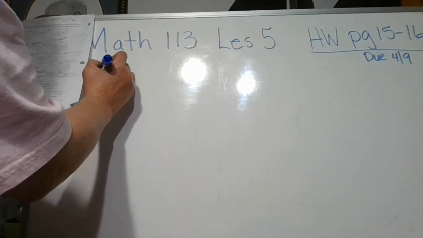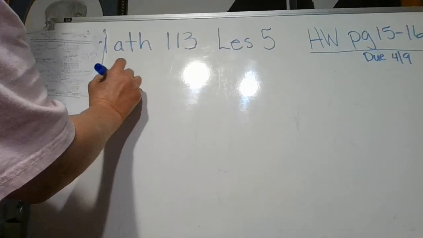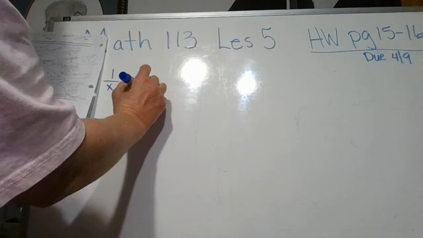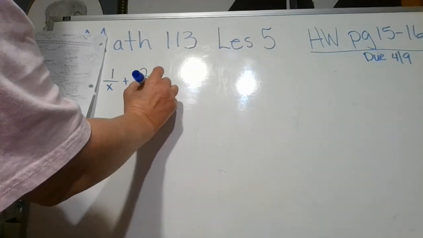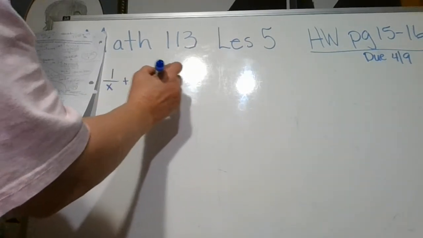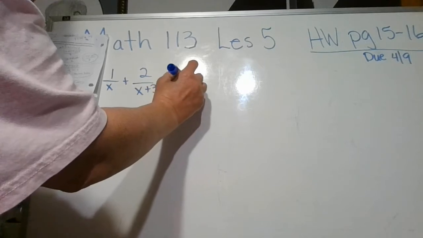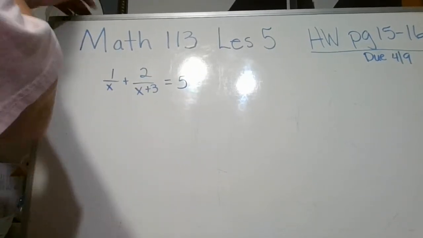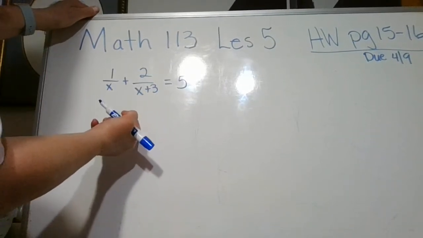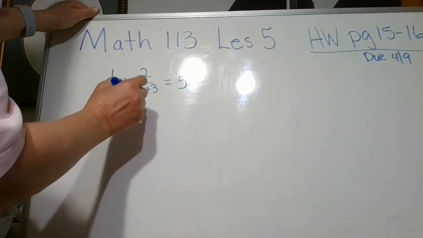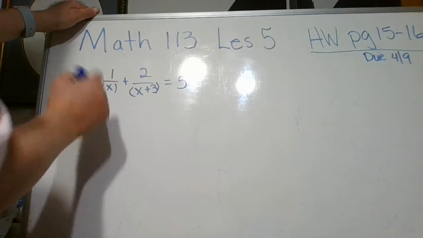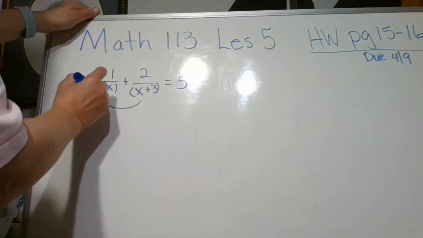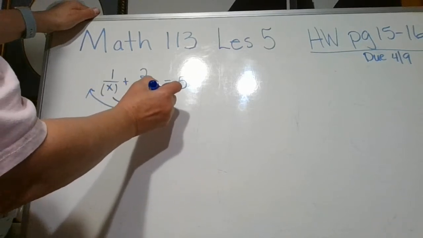Example D on page 14. 1 over x plus 2 over x plus 3. And that also equals 5. All right, so the first thing I'm going to do is common denominator. This and this don't have anything in common, so I'm going to multiply this side by this one and this side by this one.